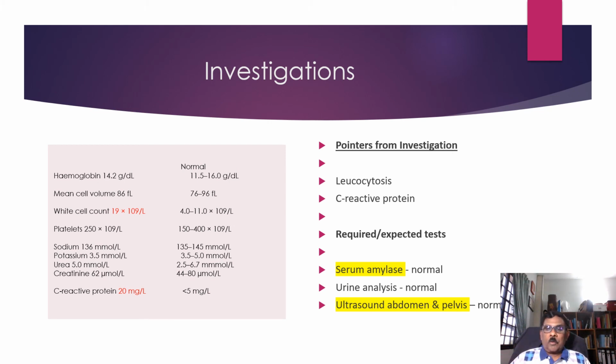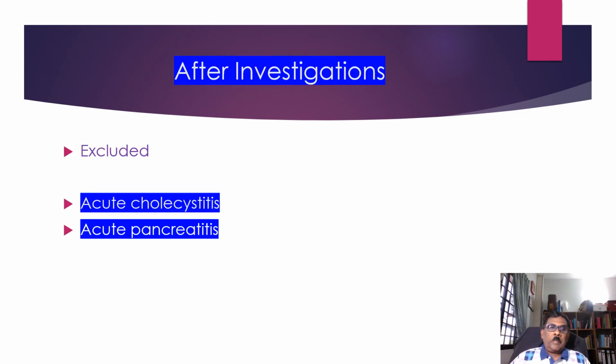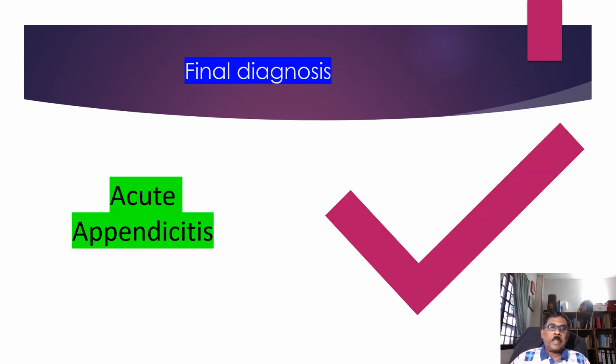We assume these are normal as they were not told to be raised. As such, based on this, our diagnosis will be either acute appendicitis, and acute cholecystitis and acute pancreatitis would have been excluded. So the final diagnosis left is acute appendicitis.